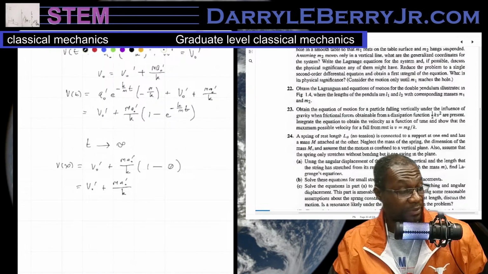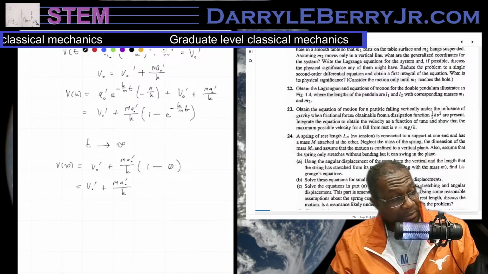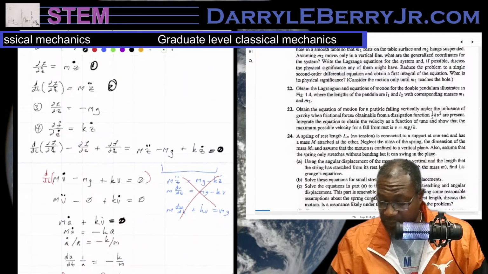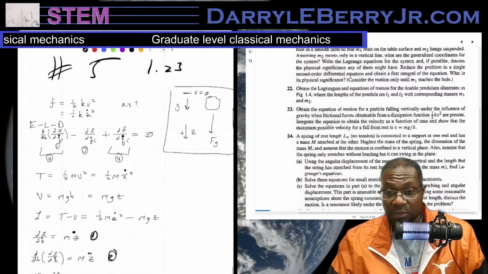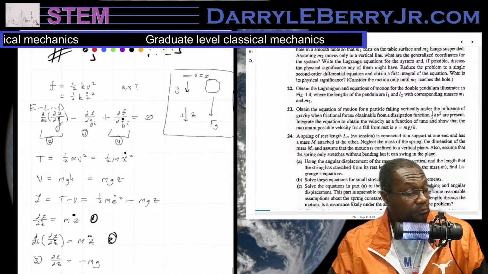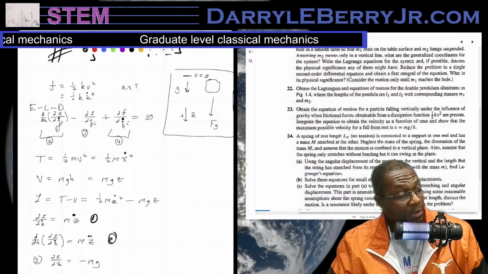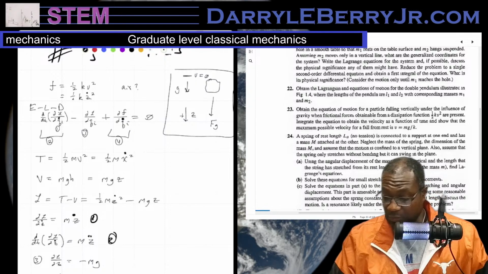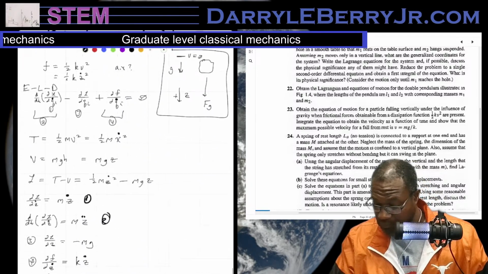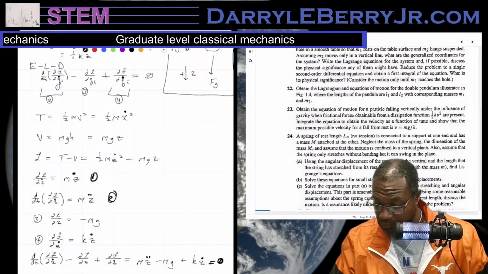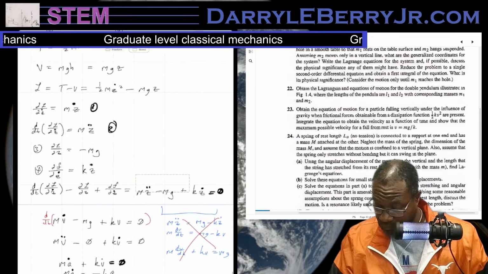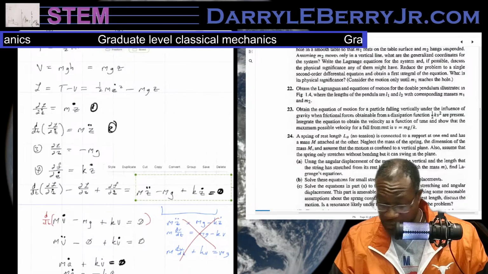I want this in terms of v naught and a, because we don't know those constants. We're going to use the original equation, the original Lagrange.